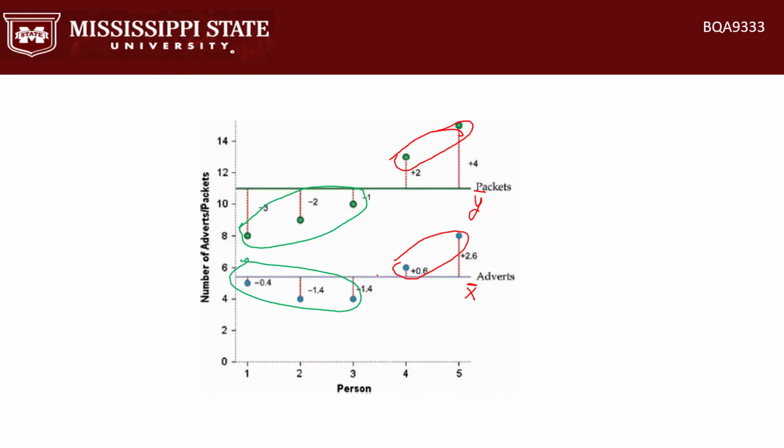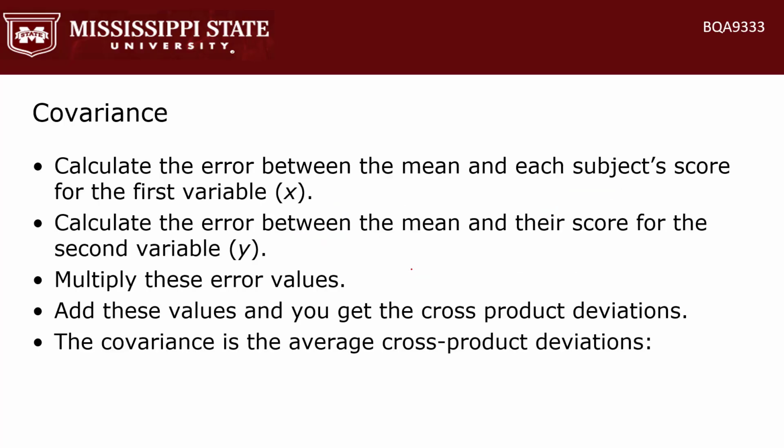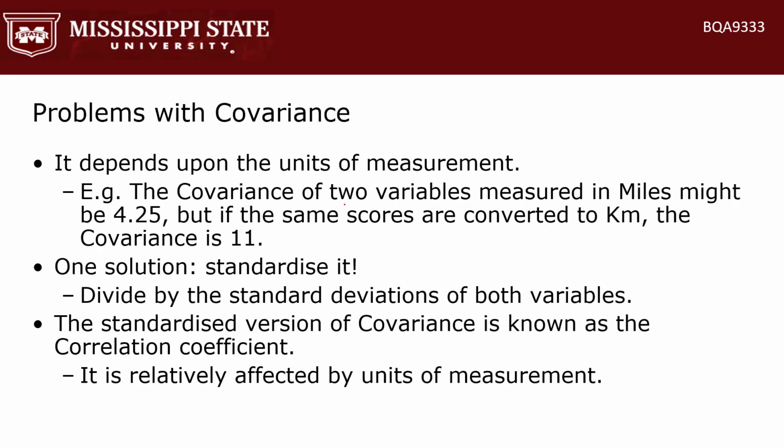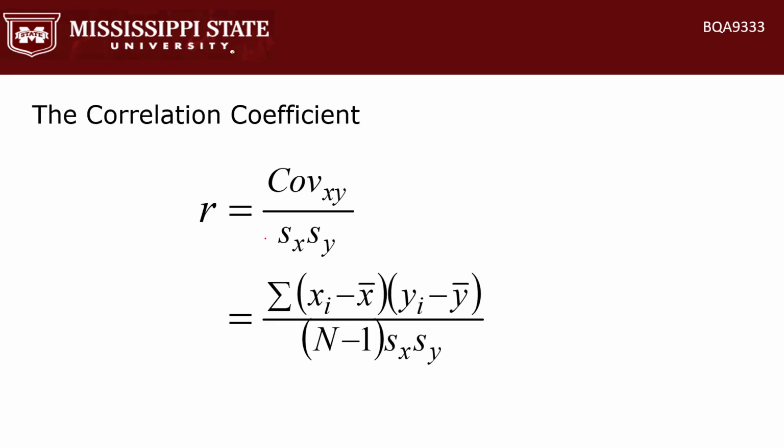Now, how we actually deal with this, here's the example. The variance is measured in miles, but if we did it in kilometers, it would be different. So we standardize, and we divide by the standard deviation of both of the variables.